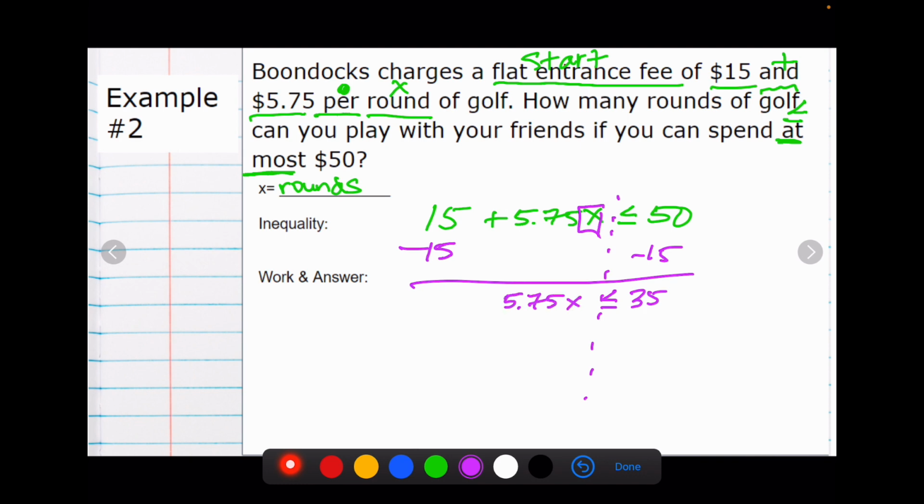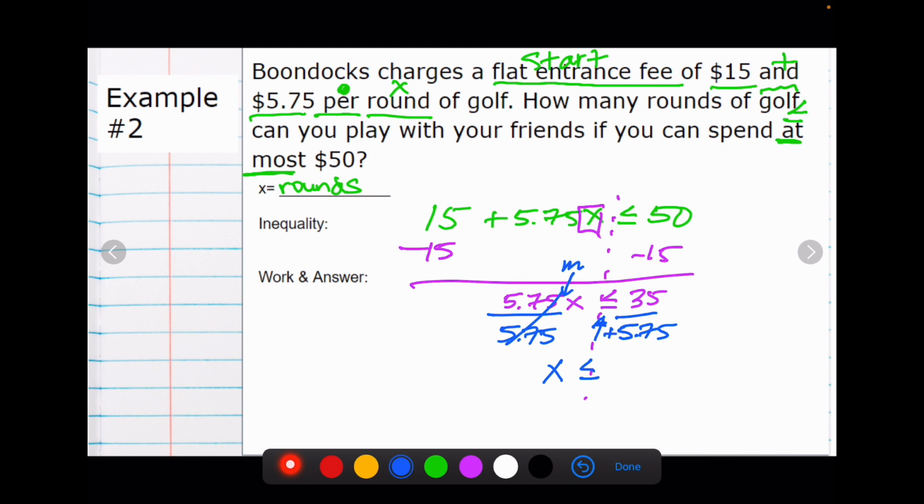Remember that I only flip when I divide, and I haven't divided yet. Okay. Then, in order to solve for x, I do have to divide because that's being held together by multiplication. Divide both sides by 5.75. Those cross out. I am not going to flip my symbol because the number I divided by is positive.